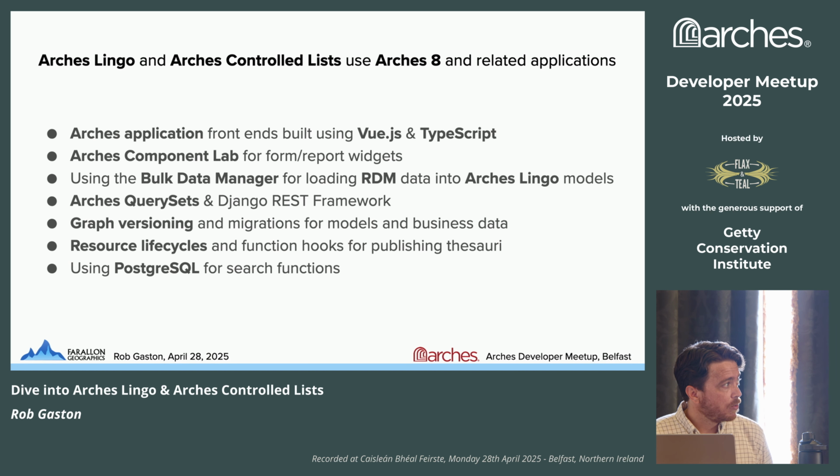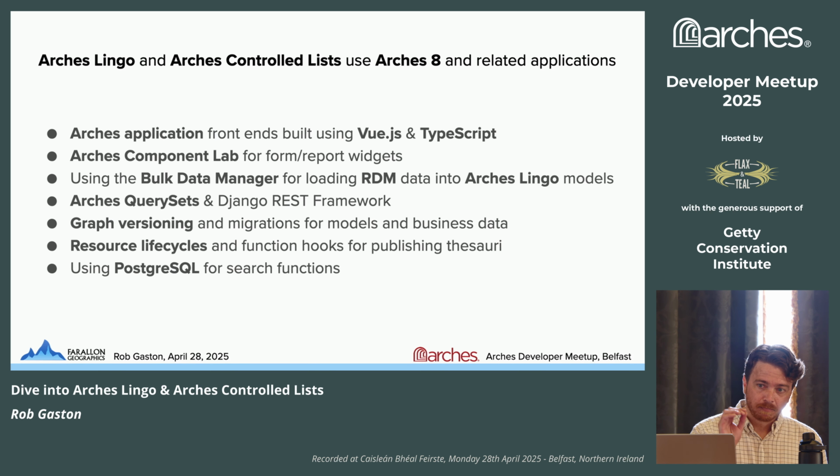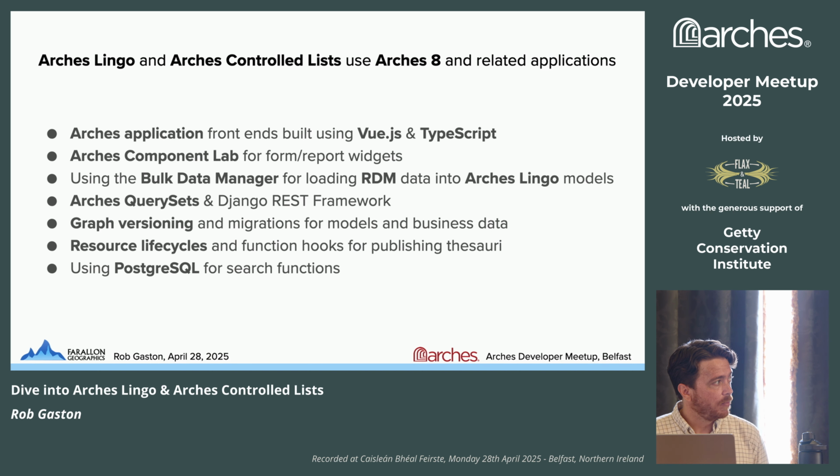The bulk data manager, which you're probably familiar with, has been evolving, and we're using that for pulling data from the RDM into these new systems, so into the Lingo models, as well as pulling data from the RDM into controlled lists. Jonathan is on right after me, and he's going to be talking about what that actually looks like.